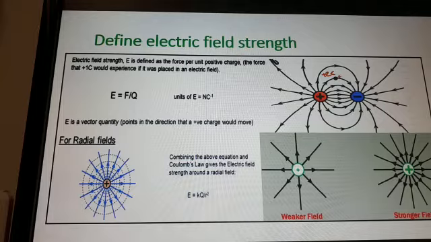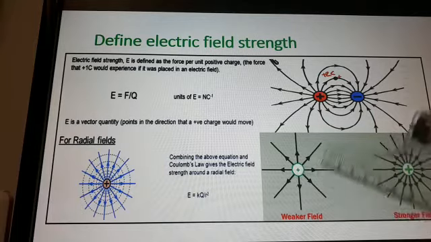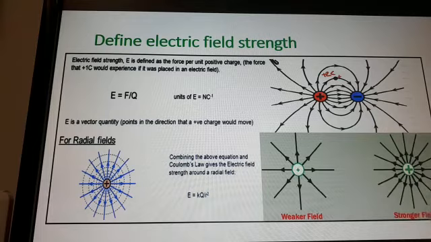One more thing: what about strong and weak fields? The space between the lines indicates the strength of the field. A stronger field would have more closely spaced lines. This one has more closely spaced lines, and this one is not that closely spaced. So this one is the stronger field and this one is the weaker field.